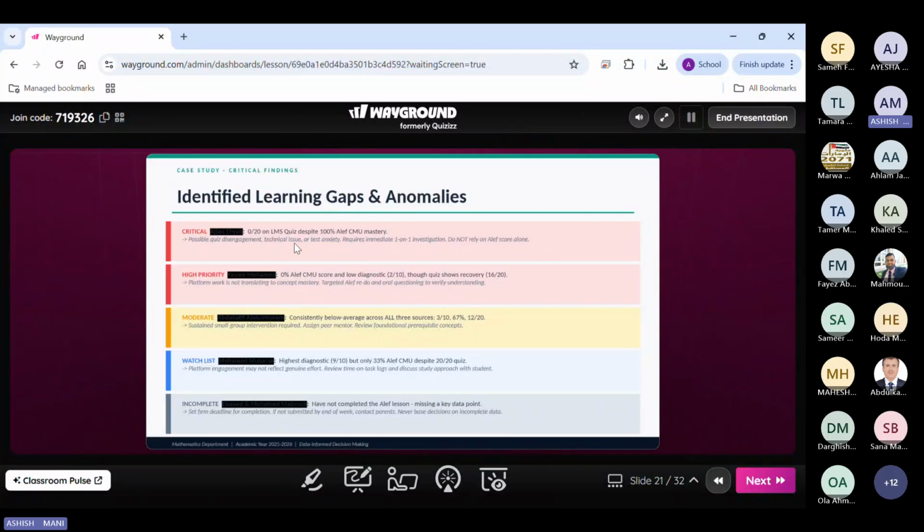So we will check everything, because in Aleph he is getting 100%, but in LMS he is getting zero. I have mentioned all these points here. If you see my screen, that is what we can do for the students who are getting different scores in different tests like LMS, diagnostic, and Aleph.